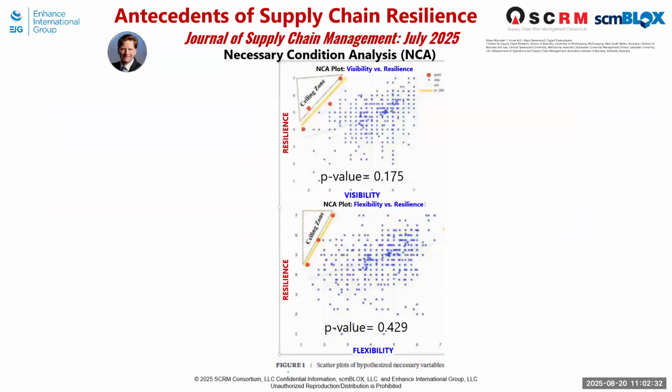So they're using necessary condition analysis, NCA, which is a research method used to identify must-have conditions, those that are absolutely required for a particular outcome to occur. Unlike traditional statistical approaches, which focus on sufficiency, just like Greg mentioned, what factors increase the likelihood of an outcome, NCA zeroes in on necessity.